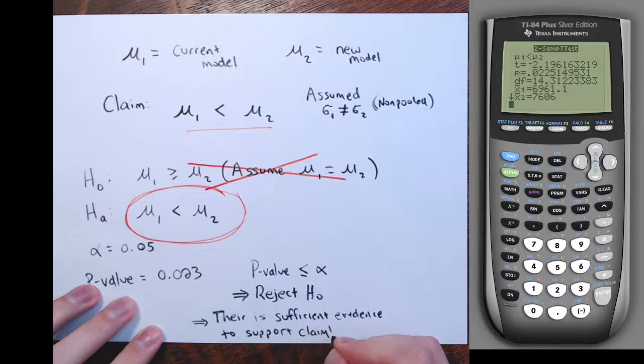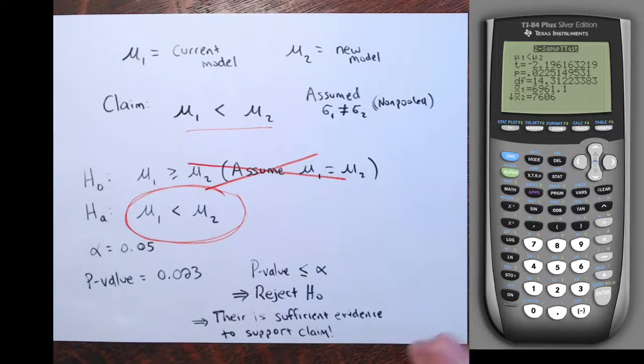I'll just write to support claim. Yeah, you'd have to compare the p-value to alpha, make a decision about the null hypothesis, and then state a conclusion about the claim. Do you support it or not? Does the evidence support it or not?